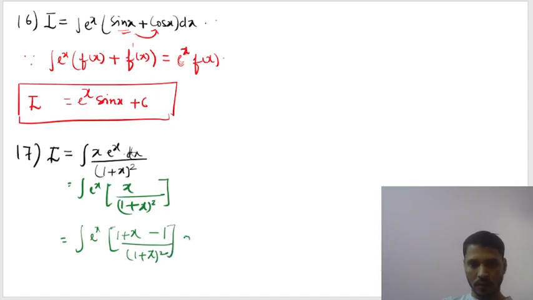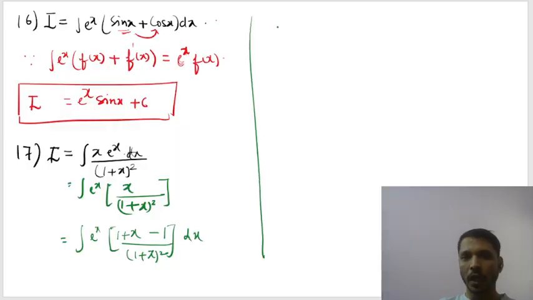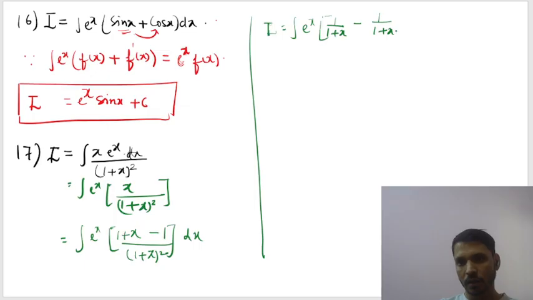The dx will also be as it is. Here I is equal to the integration of e to the power x as it is, times 1 plus x divided by (1 plus x) whole square, which is just 1 by 1 plus x. We are dividing both terms separately, and the second is 1 by (1 plus x) whole square.